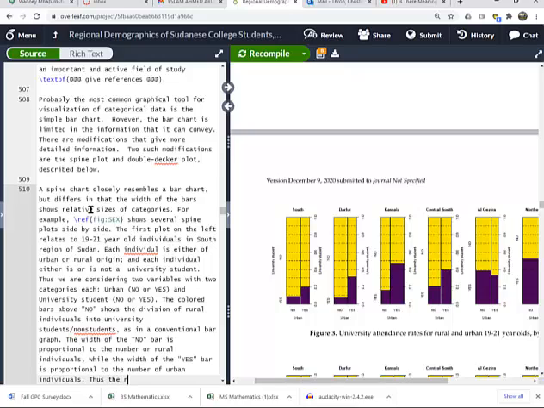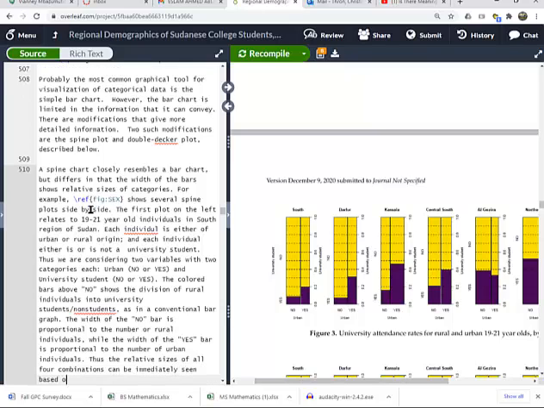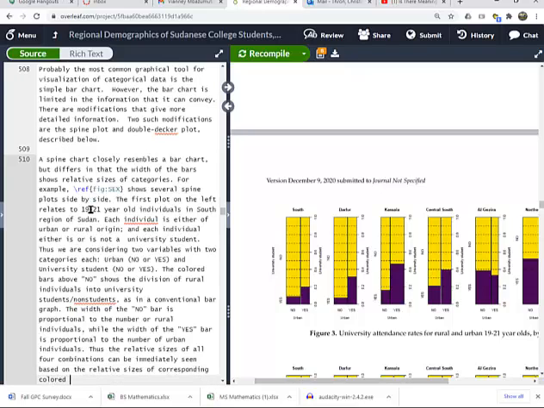Thus, the relative sizes of all four combinations can be immediately seen based on the relative sizes of the corresponding colored rectangles.